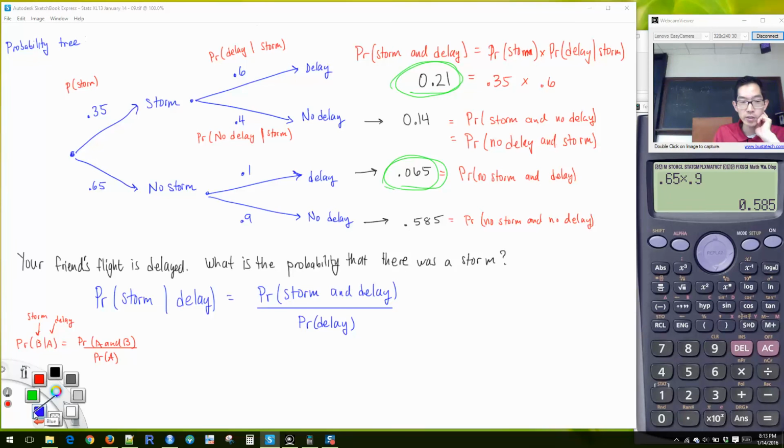All right, so what is the probability of getting a storm and a delay? 0.21, right? The probability of a storm and delay is what happens if I go down this path. On the numerator, I'm going to have 0.21. Is that okay? And then on the bottom, what's the probability of a delay? We found this on the previous problem.